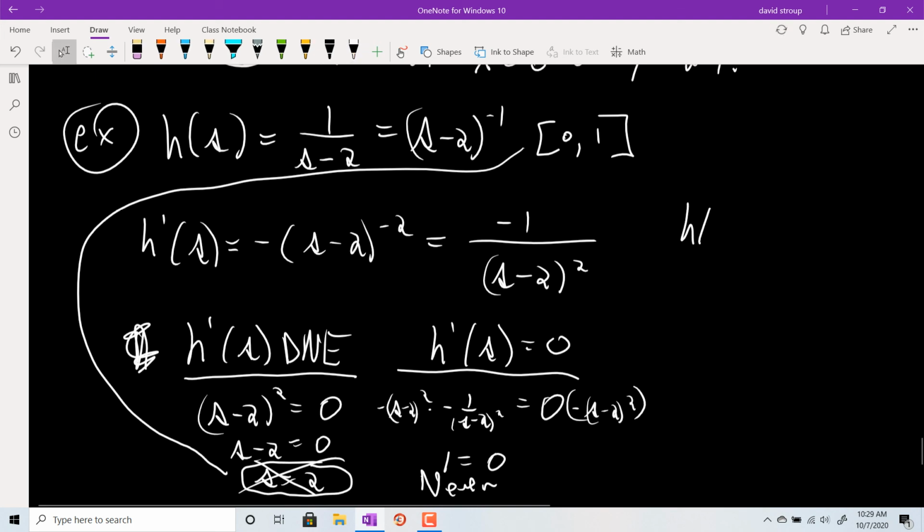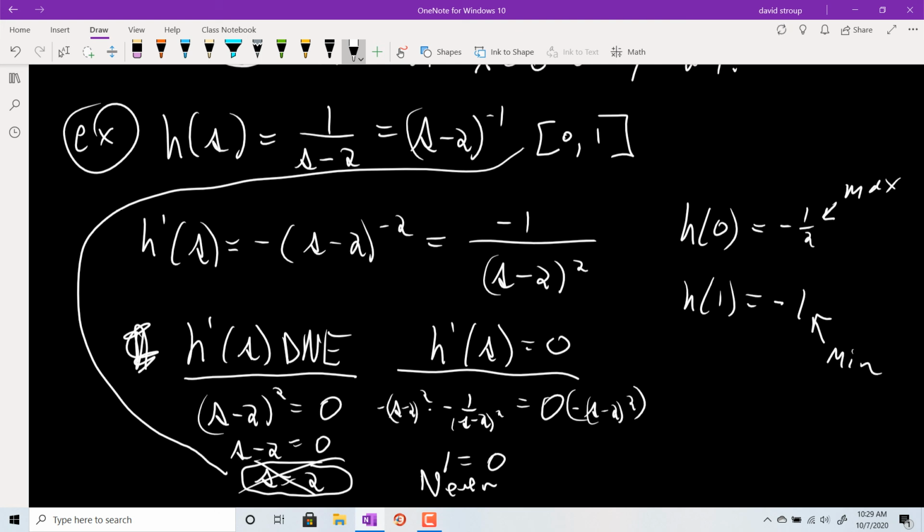We'll evaluate h of 0 and then h of 1. h of 0 is going to be 1 over negative 2, which is negative 1/2. And then h of 1 is just negative 1. So this one here will be your max, and this one here will be your min.